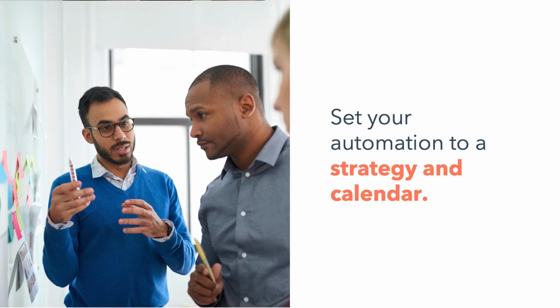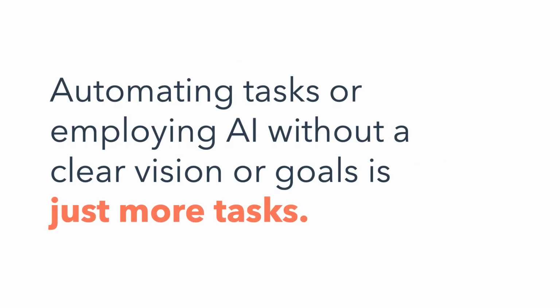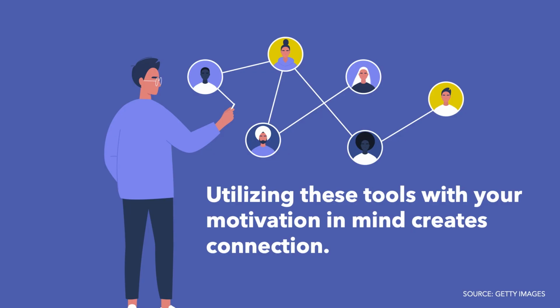This is where you can leverage data from behavioral marketing to assess and automate your touchpoints and campaigns with your customers. In addition, it's important to set your automation to a strategy and calendar. Automating tasks or employing AI without a clear vision or goal is just more tasks. Utilizing these tools with your motivation in mind creates connection.